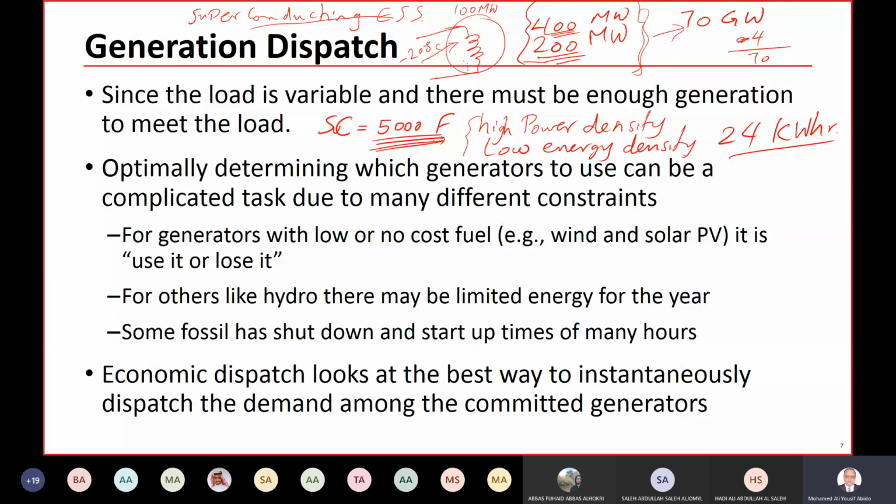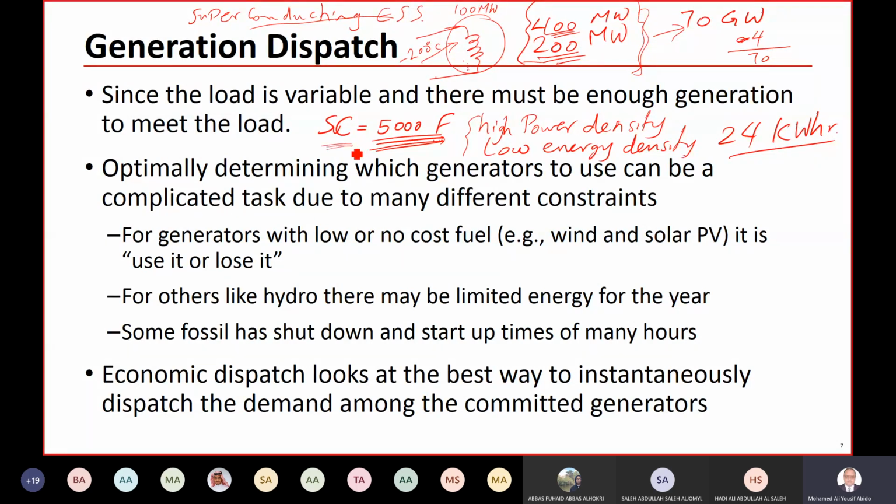So still, as I mentioned, there are challenges for the energy storage system. The research is hot in this area in order to improve the capacity of the energy storage, and also to manage this, or you can have a hybrid system.